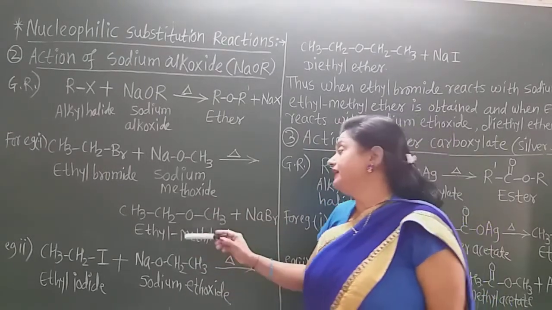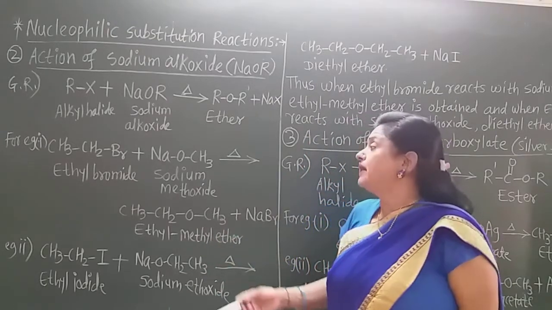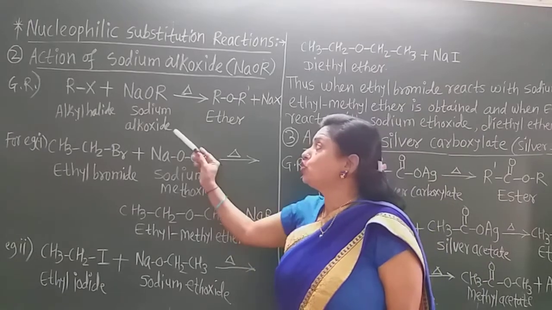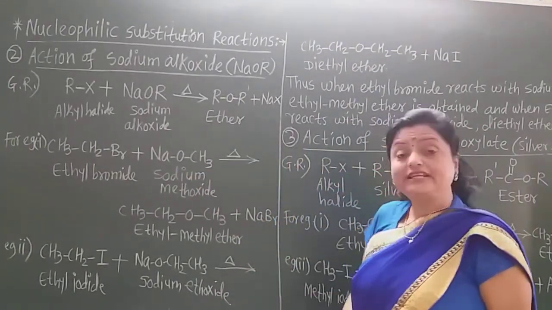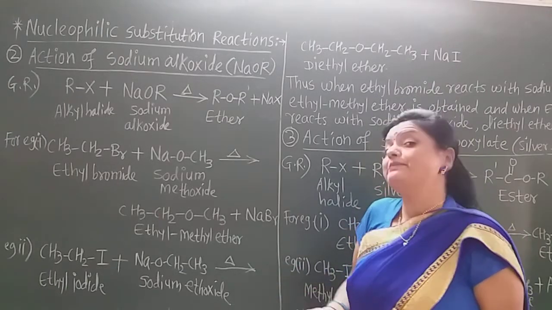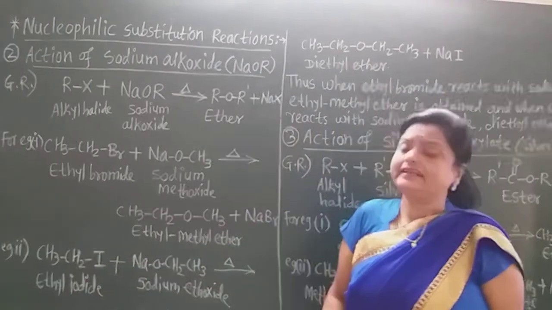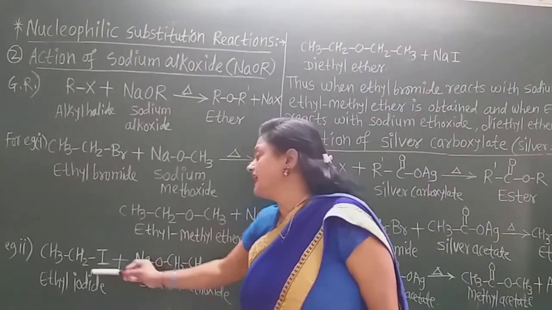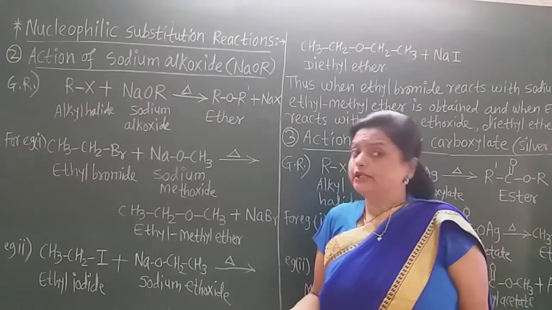So unsymmetrical ethers as well as symmetrical ethers are prepared by the action of sodium alkoxide on alkyl halides. Now this is the example for the symmetrical ether. You can take any alkyl halide here. I take ethyl iodide; you can take ethyl chloride or ethyl bromide also.